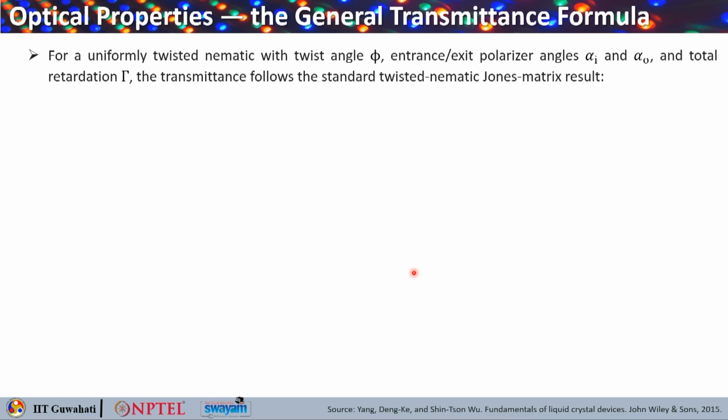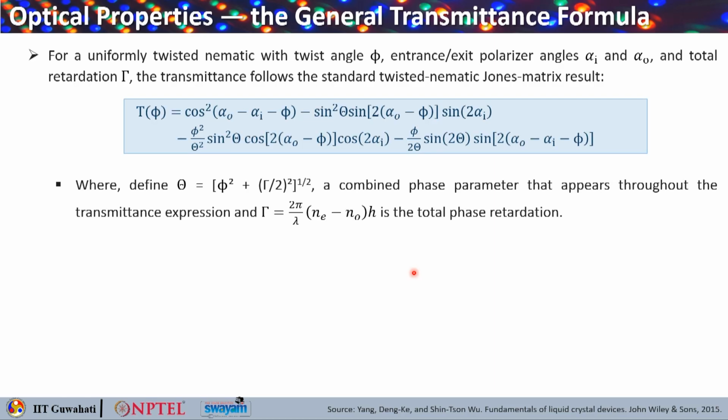For a uniformly twisted nematic with twist angle phi, the entrance and exit polarizer angles are considered to be alpha I and alpha O, in and out, and the total retardation is gamma. The transmittance that you can find follows the standard twisted nematic Jones matrix formula.